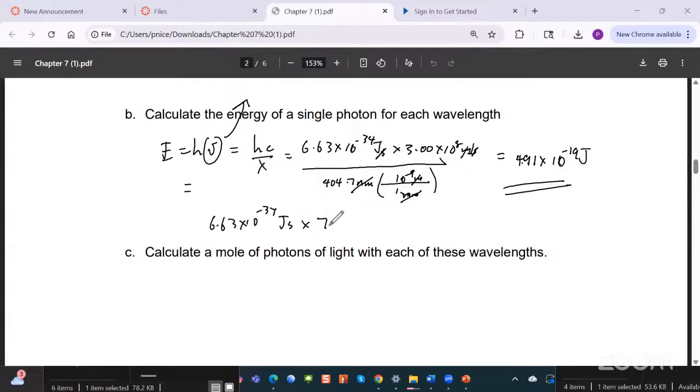Okay, 7.36 times 10 to the 14 seconds to the minus 1, okay? So you should get the same result. Let me just check and make sure.